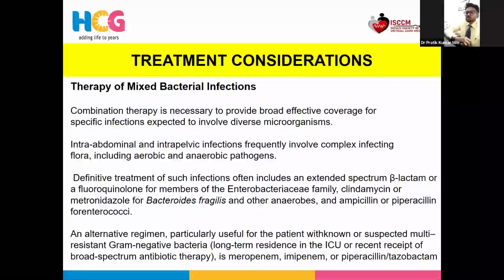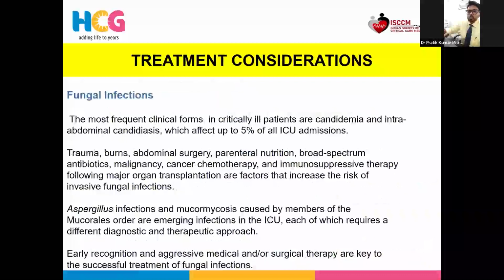In case of mixed bacterial infection, we have to use combination therapy including an extended spectrum beta-lactam with fluoroquinolone, and along with that we may require anaerobic coverage using clindamycin or metronidazole. As an alternate regimen in ICU, we can step up to carbapenem.